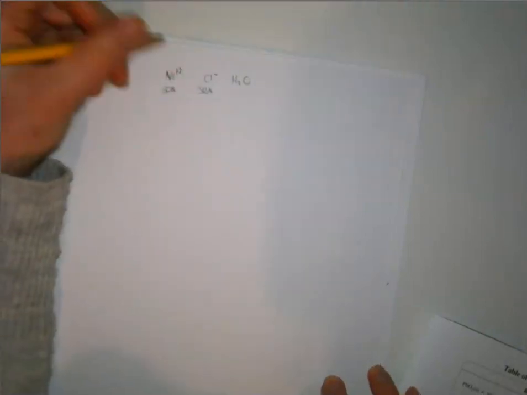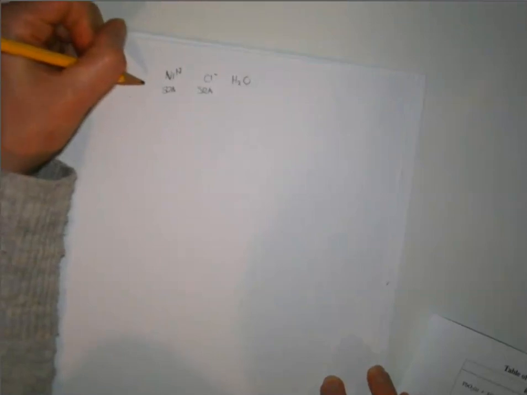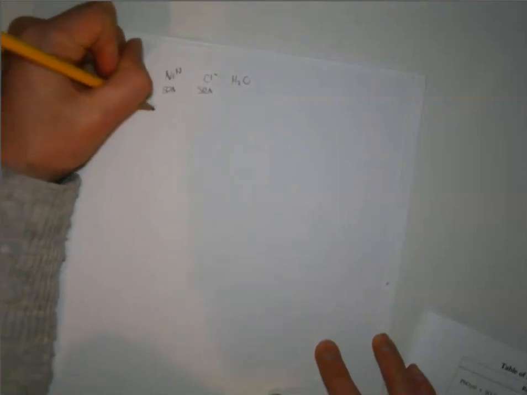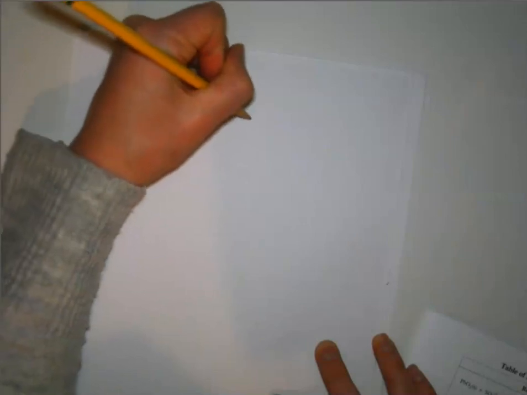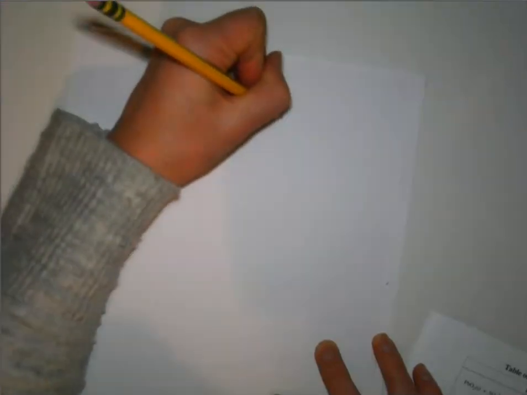So we have SOA and SRA. We want to keep in mind that our SRA is going to be at the anode, so we can write our half reactions. At the anode we have 2 chloride ions going to make Cl2 plus 2 electrons, and that has an electric potential of plus 1.36.